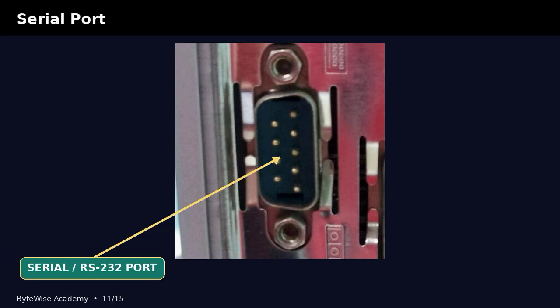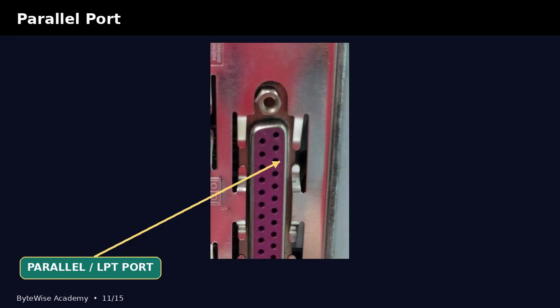Serial ports were used with devices such as modems and other peripherals. Parallel ports transferred multiple bits simultaneously and were commonly used with older printers. These ports are now considered legacy interfaces, but they are still important when working with older computers and specialized equipment.